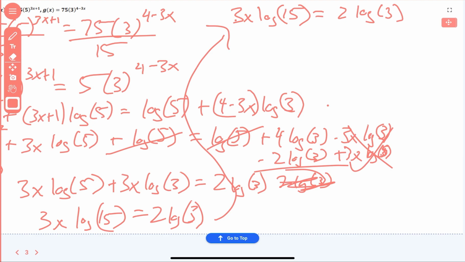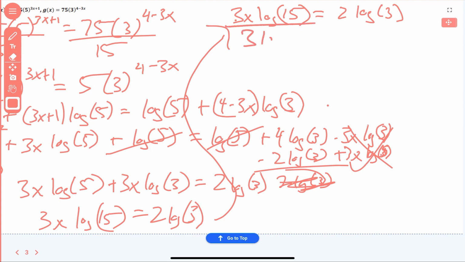I want you to think about 3x log 15. What is happening there? What do you mean by move it? What is the whole goal? What are we trying to do here? Get x by itself. So how can we get x by itself here?